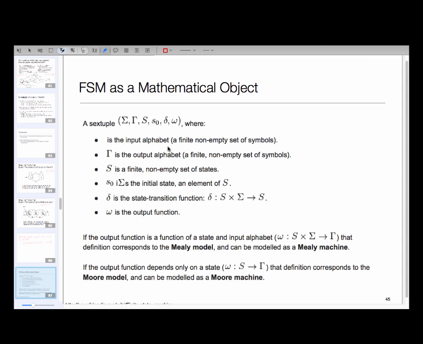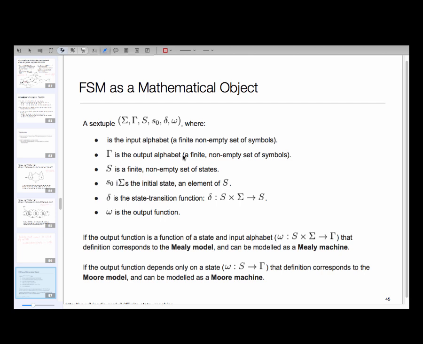So in my example of UCLA, my inputs were letters. Letters are usually expressed using the so-called ASCII code, which we are using in the design homework. They take 7 bits. So my alphabet there was A through Z and 0 through 9 and so on. Likewise, I have an output alphabet.